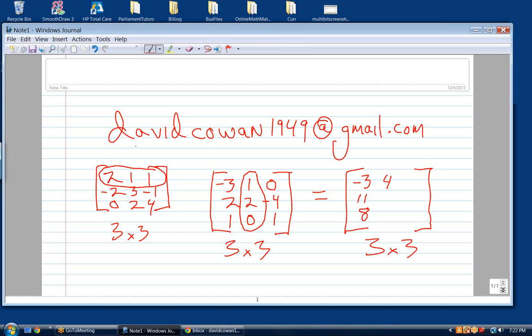So we have 1 times the 2 plus the 2 times the 1 plus 0. The moment you see a 0, know that its product doesn't add into it, so you can kind of ignore it. But make sure that this one's laying over the 2 and this 2 is laying over that 1, producing that 4. Okay? So the middle one now? It would be -2 times 1 plus 3 times 2 minus 1 times 0. So that's 4.